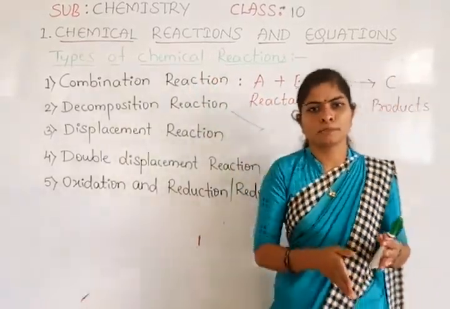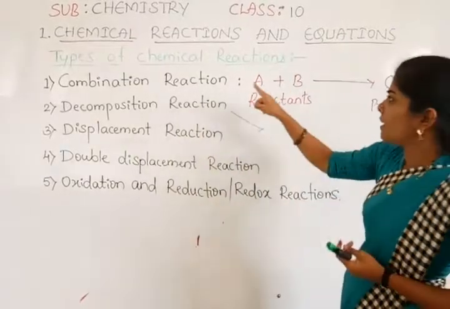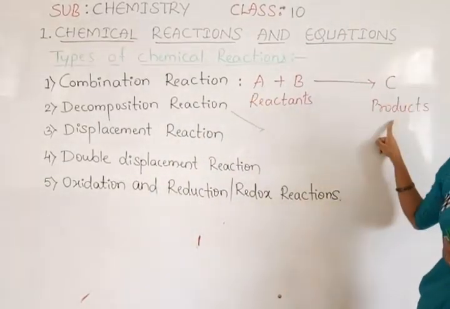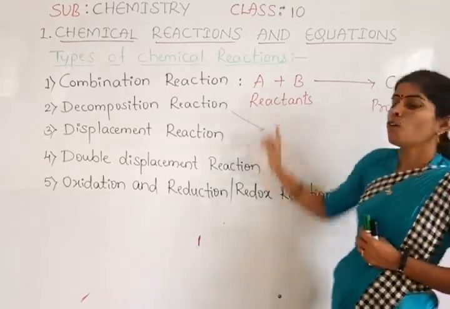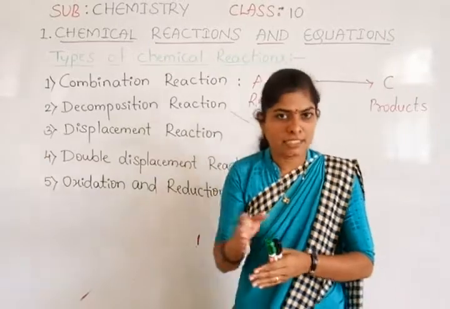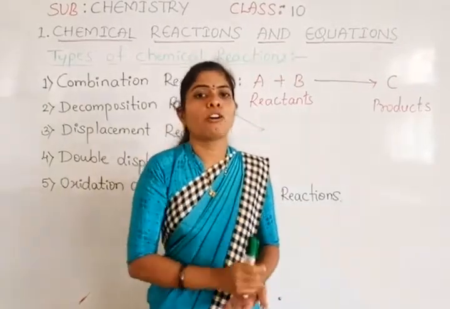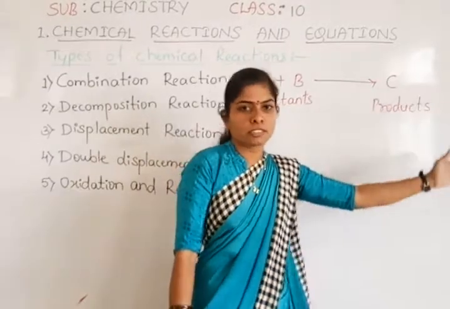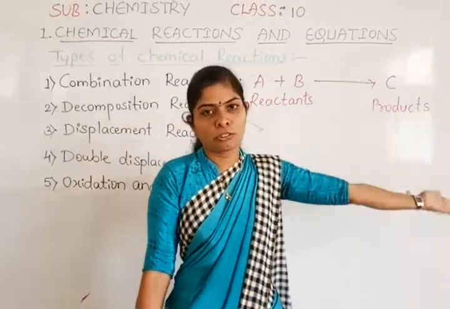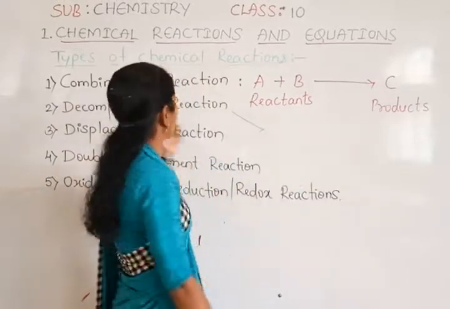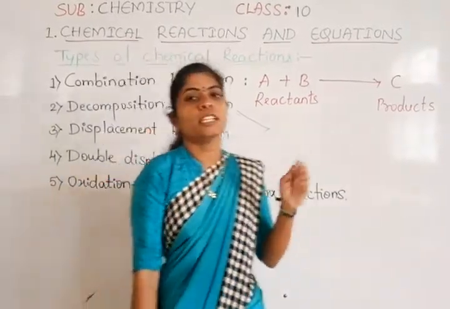There, 2 or more reactants react to form a single product. But here only a single reactant breaks down or splits up into different products. Either 2 or more than 2 products will be obtained, and that we call the decomposition reaction.